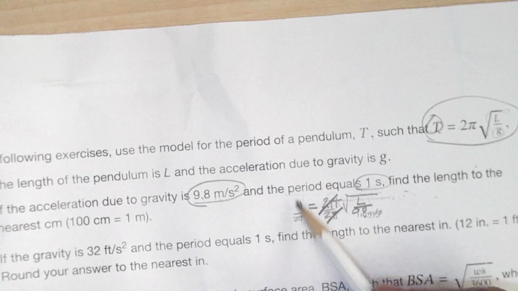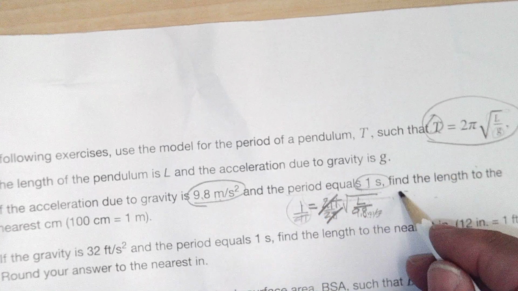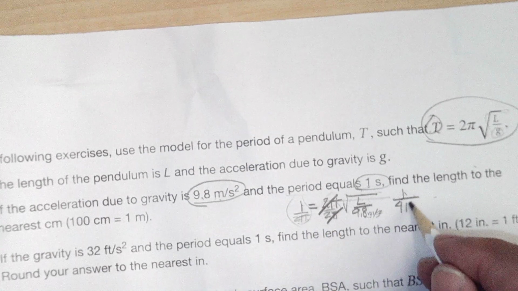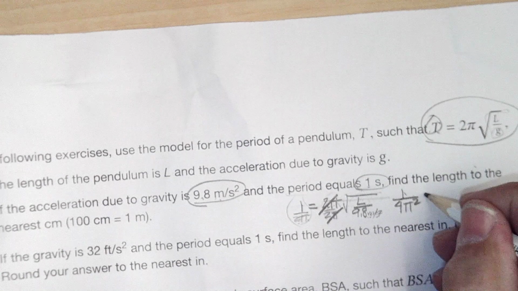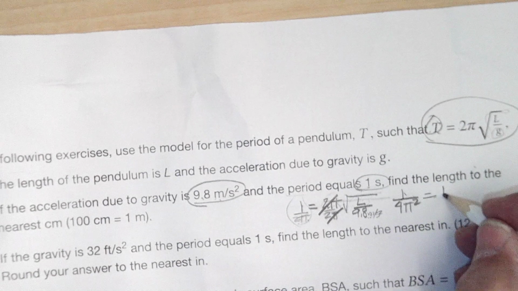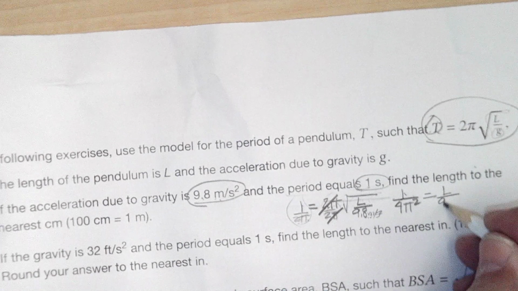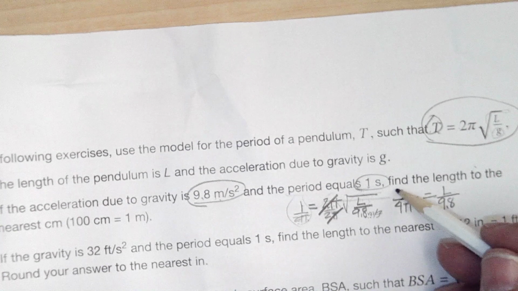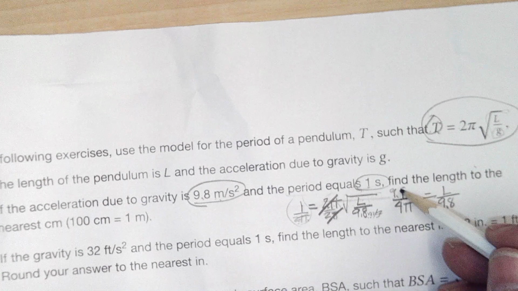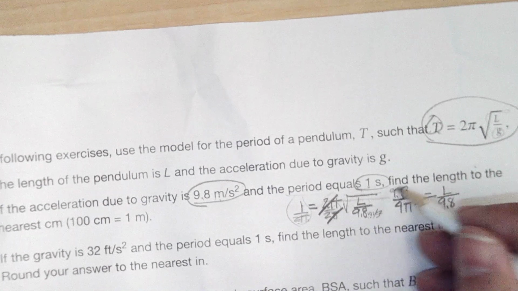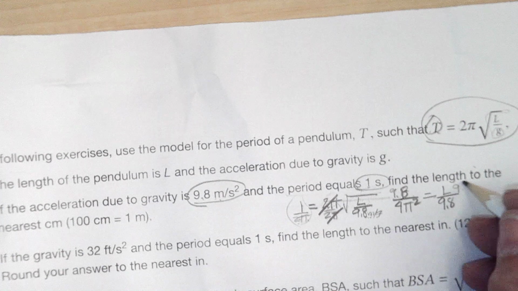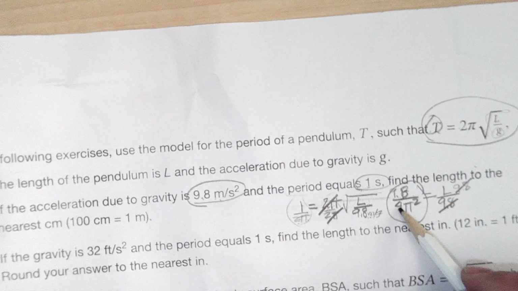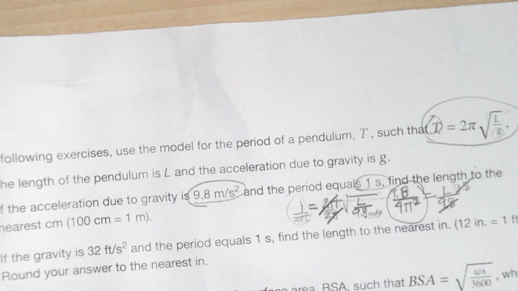Then we square to get rid of the square root. 1 squared is 1, and 2 pi times 2 pi is 4 pi squared, equals L over 9.8. So you multiply by 9.8 on both sides. 9.8 times 1 is 9.8. So we get 9.8 divided by 4 pi squared.